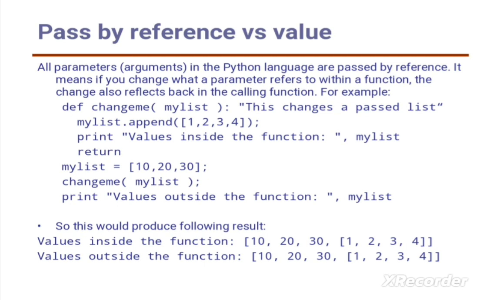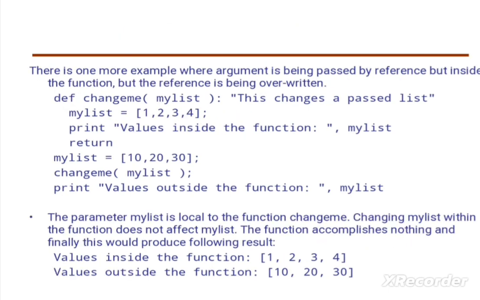Here mylist.append 1, 2, 3, 4. This list will be appended in mylist. So the value will be passed as a reference. So this would produce the following result. Values inside the function 10, 20, 30. Then 1, 2, 3, 4. The list will be displayed on the screen.